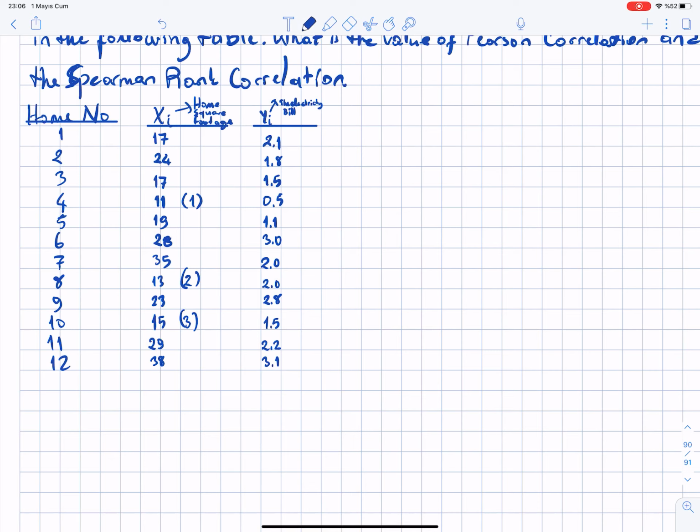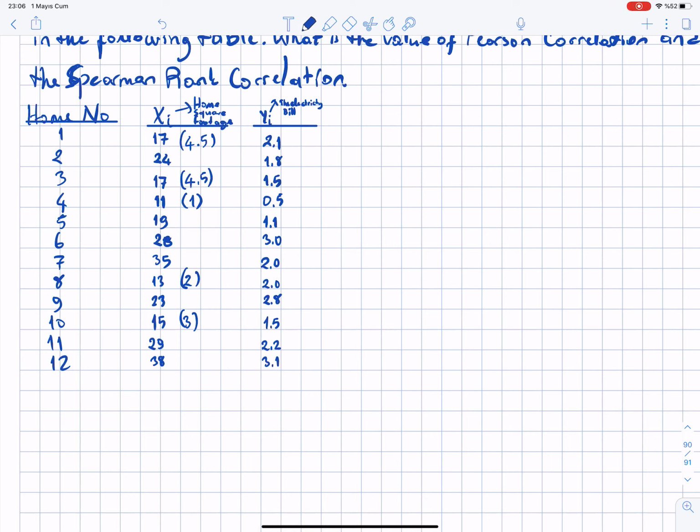And we have a tie. The next smallest is 17. We have 2 of them, one here and another one here. So you can't give one 4 and the other 5. It's not fair because they are equal. So you average 4 and 5, you give 4.5 to both.